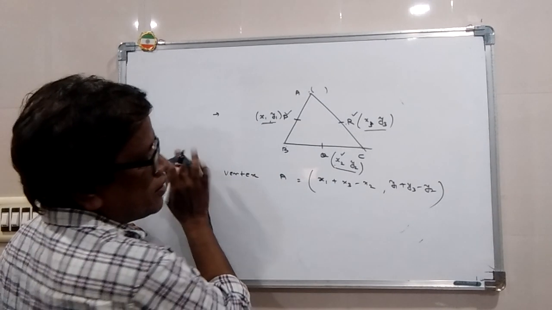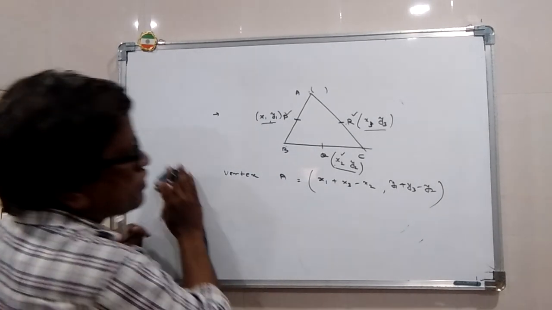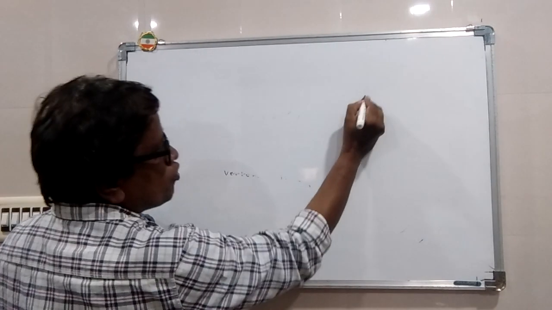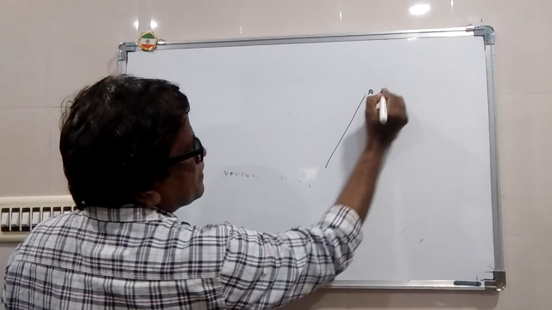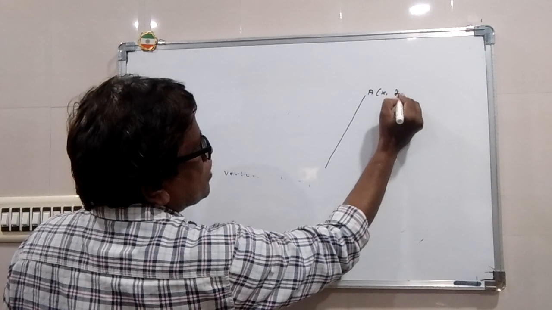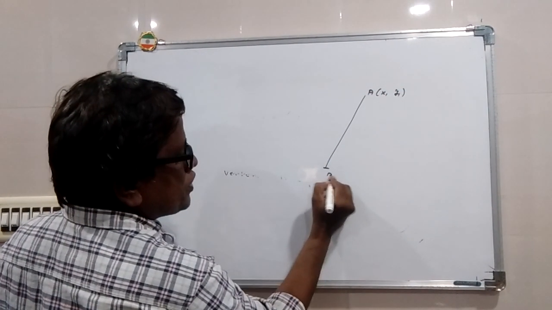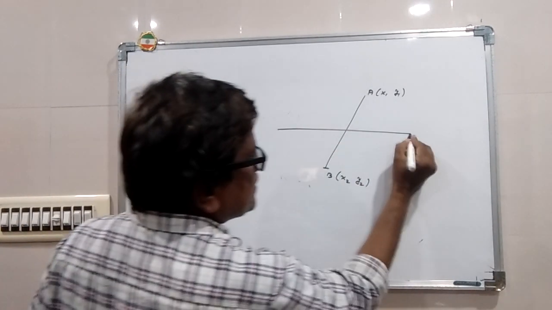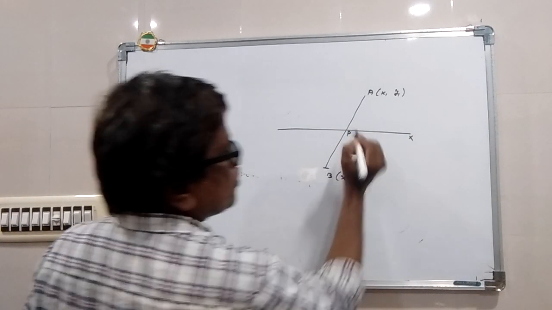Now consider the ratio in which the line segment joining two points is divided by the x-axis.